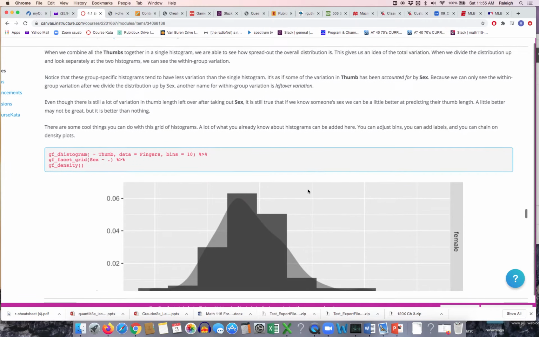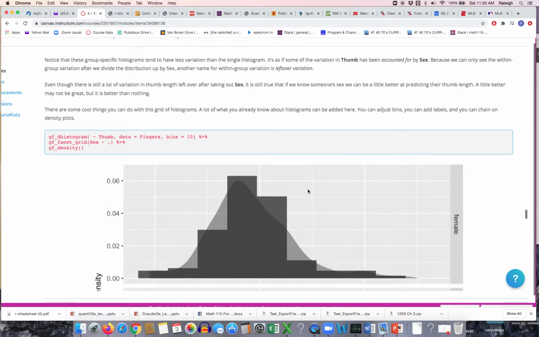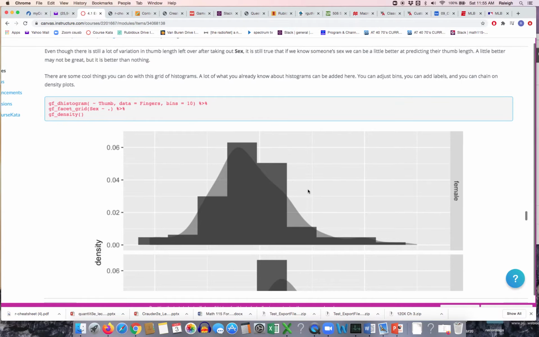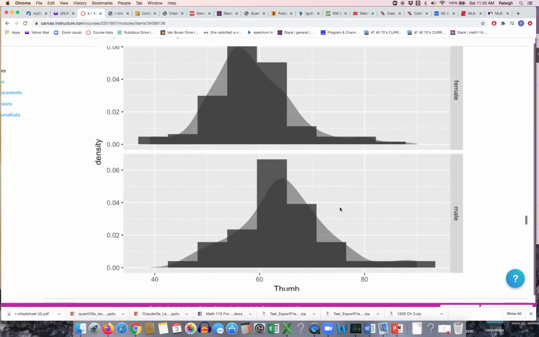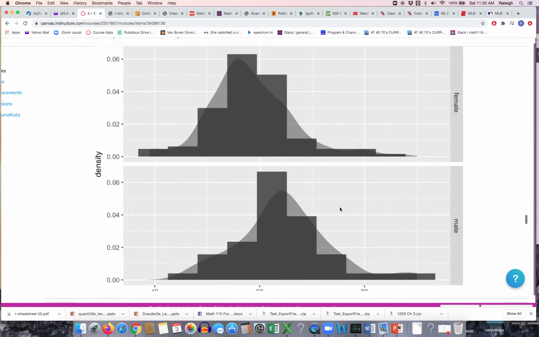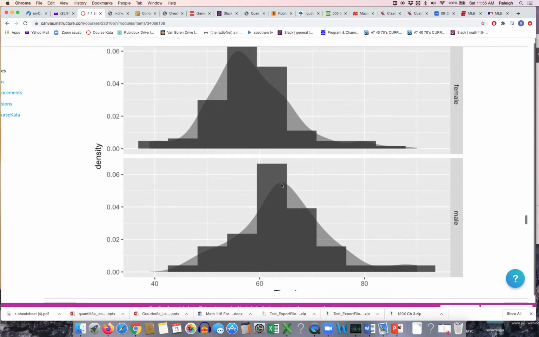So anyway, we can take a look at some of these, and they took the density, which puts a smoother curve over it, kind of like a weighted average, so you can get a little bit of a better look. And now it becomes very clear that the males have bigger thumb lengths than the females. The peak is much further to the right than the left.